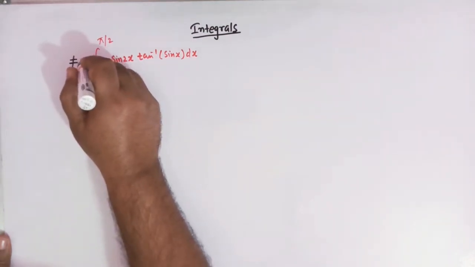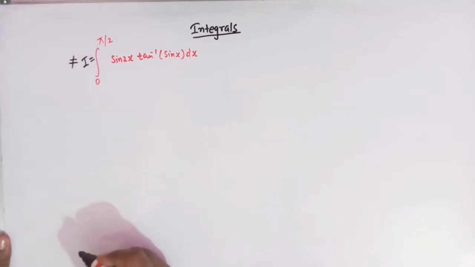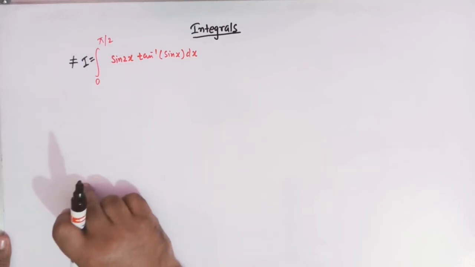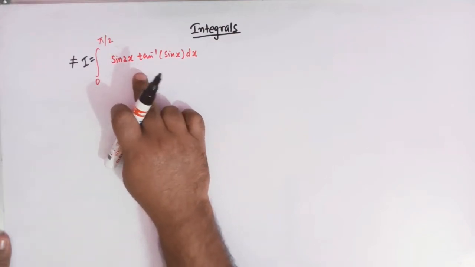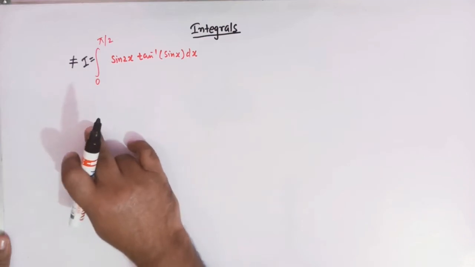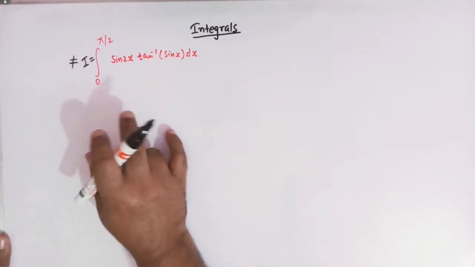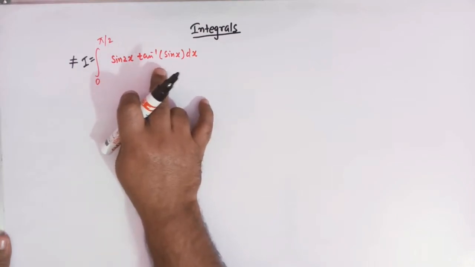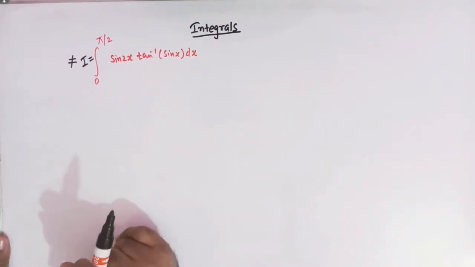So let us call this integral as I, and here when we solve this integral, we'll make use of the method of substitution, right? And moreover, while using the method of substitution, we'll change the limits, and then we'll reduce this integral in which the integrand is a product of two functions, right?